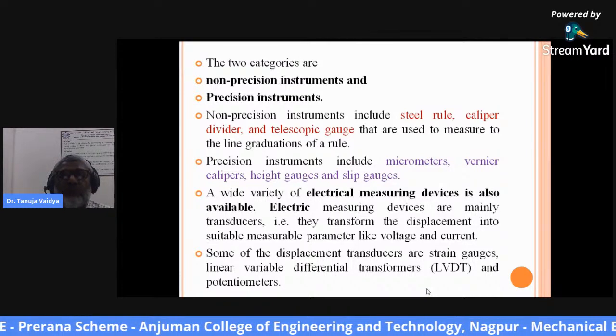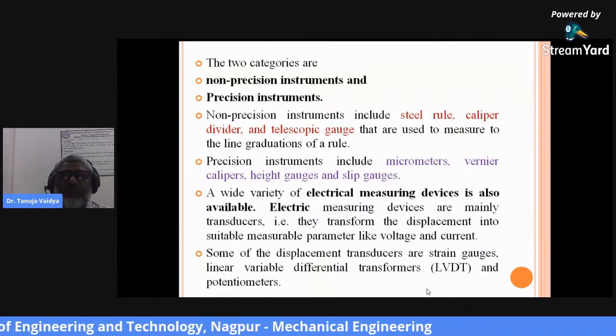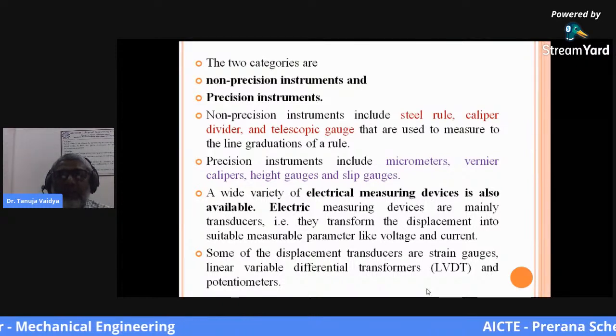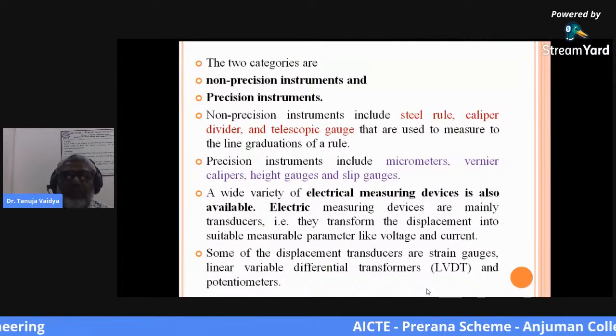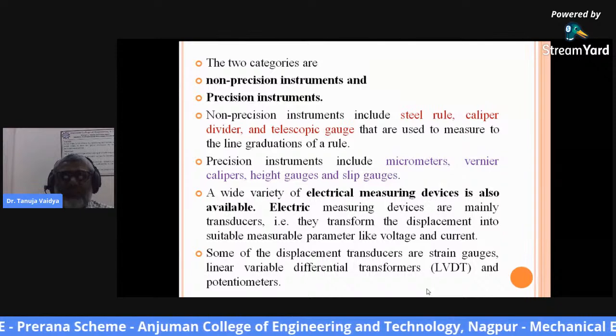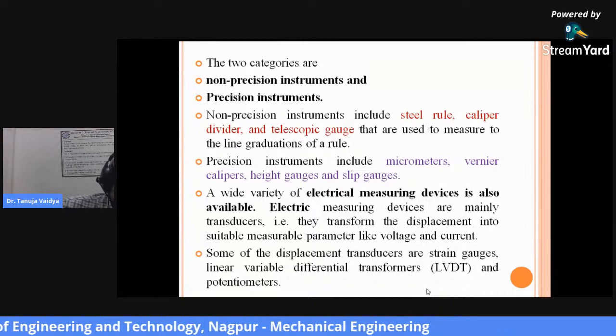Precision instruments include micrometers, vernier calipers, height gauges, slip gauges, etc. Similarly, a wide variety of electrical measuring devices is also available. Electric measuring devices are mainly transducers. They transform the displacement to a suitable measuring parameter like voltage and current.